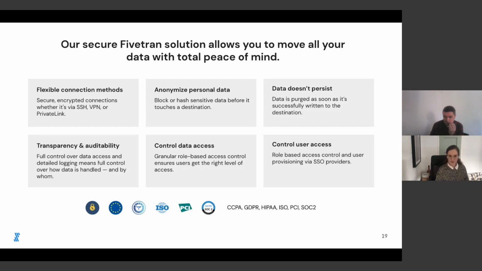And we provide transparency and auditability. That's going back to the observability point I was making previously. So you have full control over your data access and detailed logging over how data is handled and by whom. We're just about to release a metadata API, which will allow you to see which columns are in your source and which columns are in your destination.